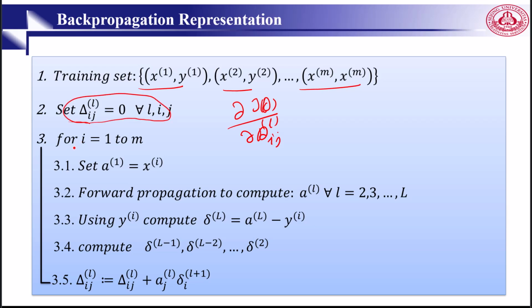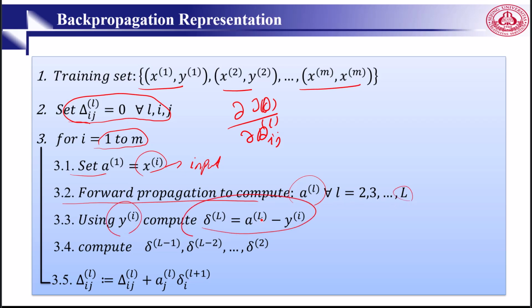Then for i from 1 to m, we set a1 as xi. Xi is the input, right? Then we apply forward propagation to find a^l for layers 2, 3 up to L. Then using yi, we compute the error, right? Predicted minus actual. Then we find the errors in the different layers, down to layer number 2. Layer number 1 is not included.